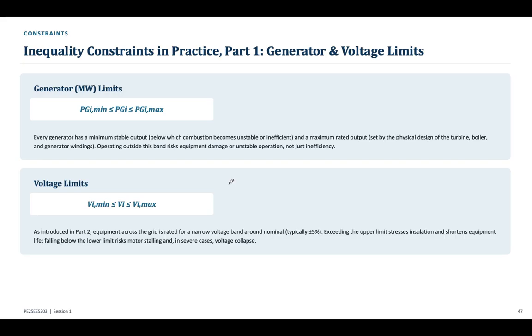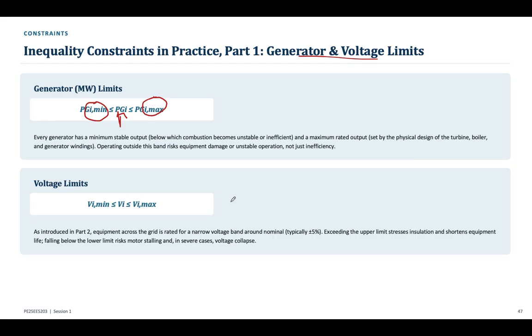So when you look into the inequality constraints in practice, generator and voltage limits, you can see here the generator limit. This is the minimum real power to be generated, this is the maximum real power to be generated, and this is the actual PG, the generation. This sits within the minimum value and the maximum value. When you look into the voltage limits, what is the rated voltage of India? It is 210 to 230 volts.